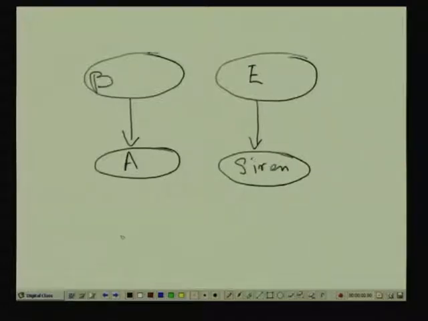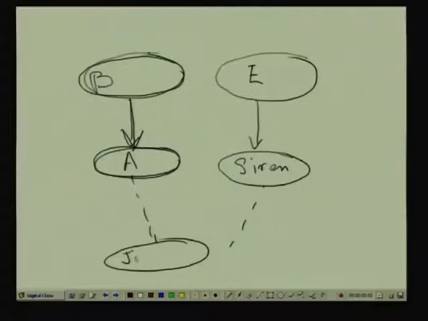Therefore, in this graph I will just restrict myself to the nodes where there is a conditional dependence, and over here John calls, etc. Only for this I will not consider these nodes.